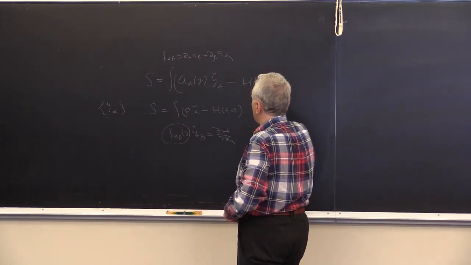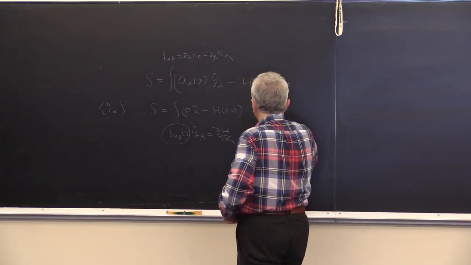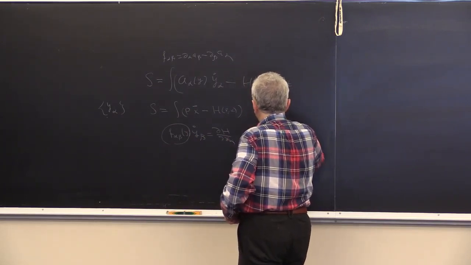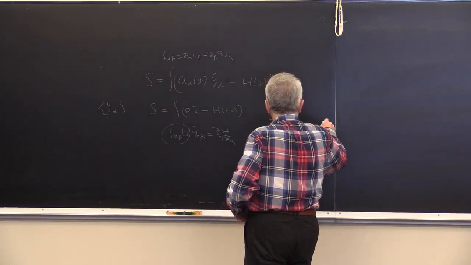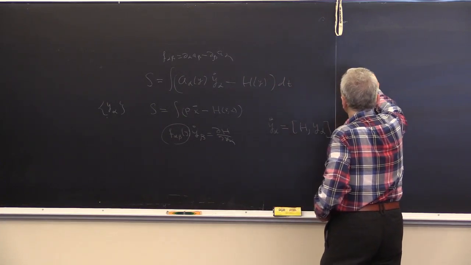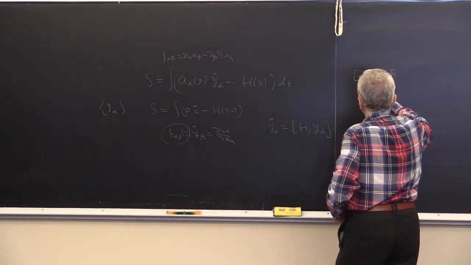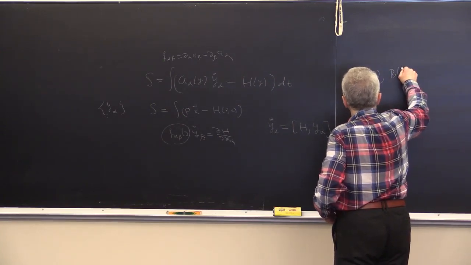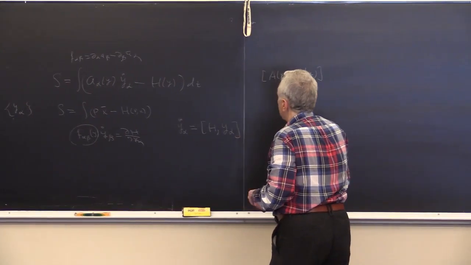Namely, we write this in this form, where the brackets of any two functions, that's a very important notion, the Poisson brackets.